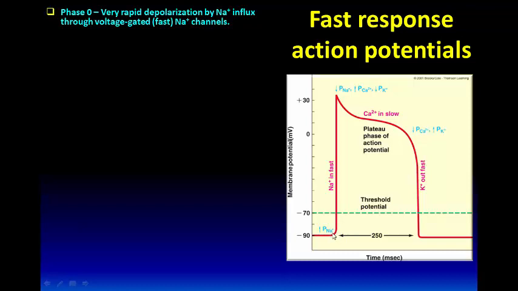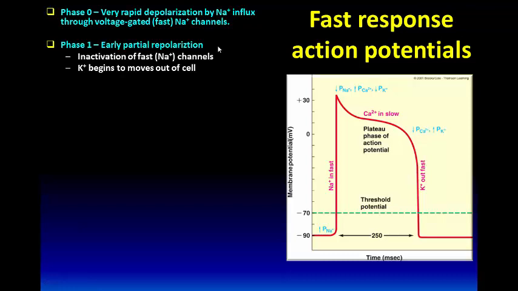This opens voltage-gated sodium channels. We call these voltage-gated sodium channels fast sodium channels. And sodium ions get in. So sodium in, fast. And this is what we call phase zero. So phase zero is very rapid depolarization by the influx of sodium through voltage-gated fast sodium channels.